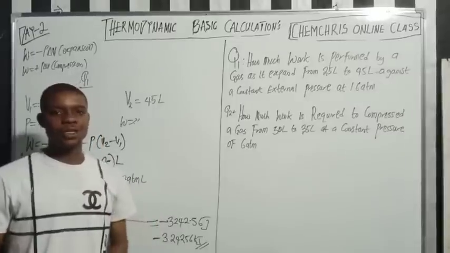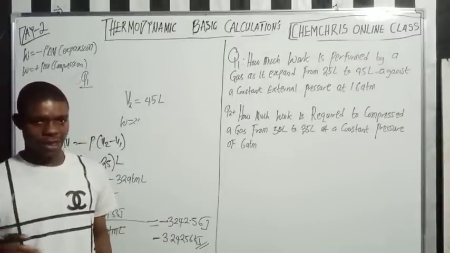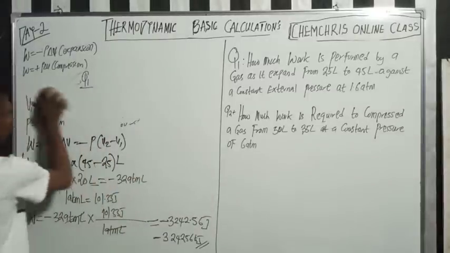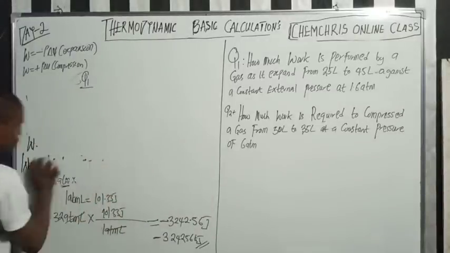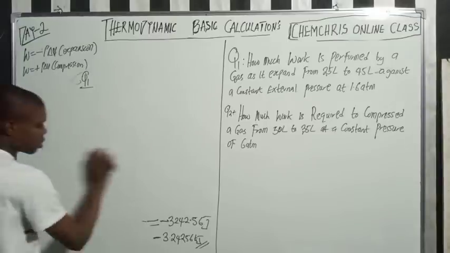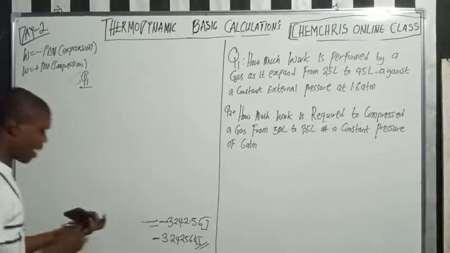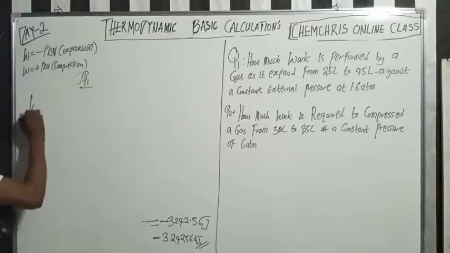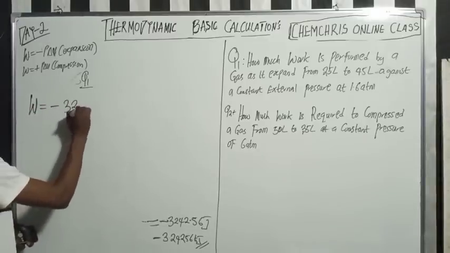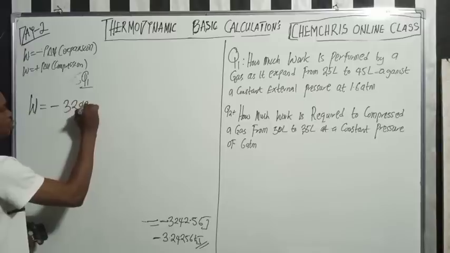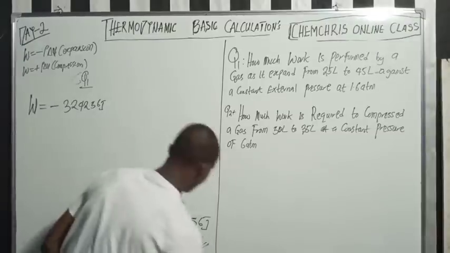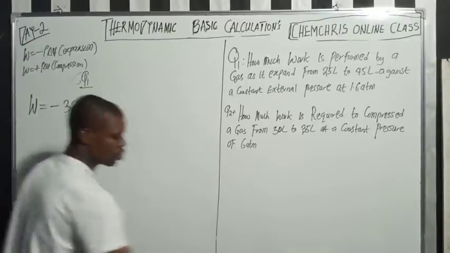Now, what if they ask you to convert this to calories? If I am asked to convert to calories, my W is minus 3242.56 joules.